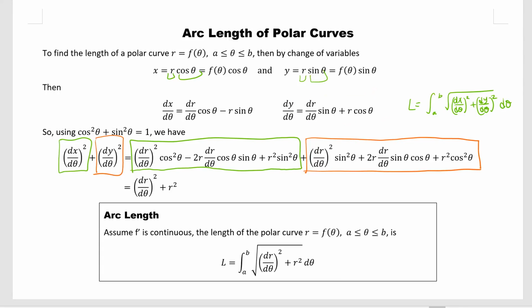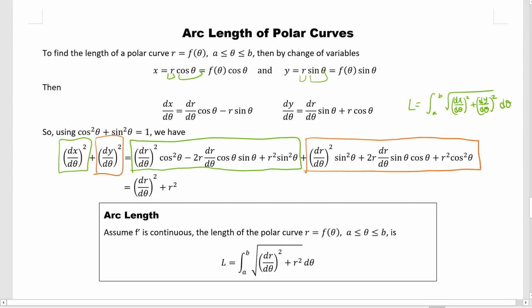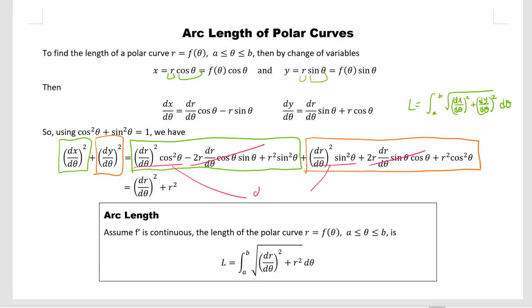Okay, so now what happened? Something fun happened. Cancellation. Yeah, this guy canceled with this guy. And can you see we can group this together? When we group this together, we get dr d theta squared, and then we have cosine squared plus sine squared. Well, that is 1. So that's why you only get dr d theta squared.